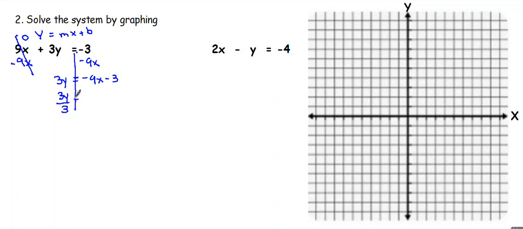And the rule is, whatever you do to one side of the equation, you need to do to the other. So we're going to divide negative 9x minus 3 by 3. Okay, so let's extend this boundary line right here.